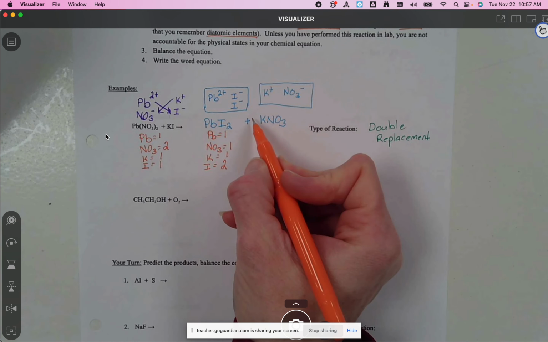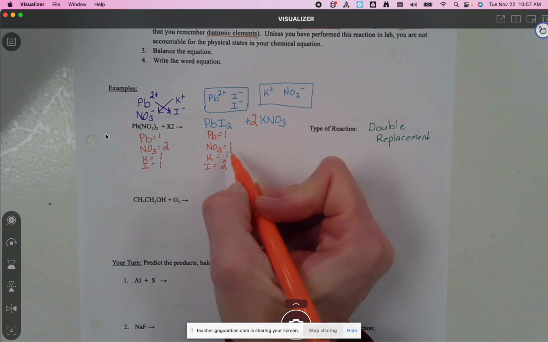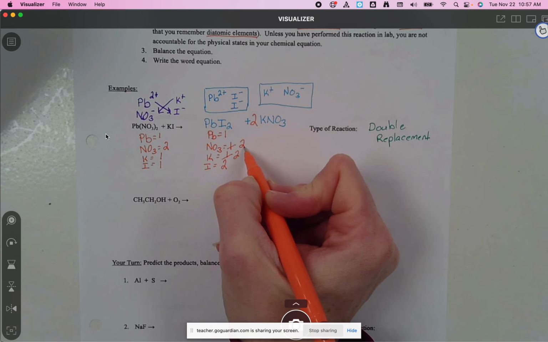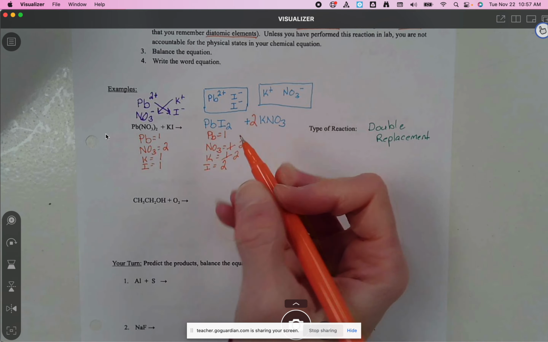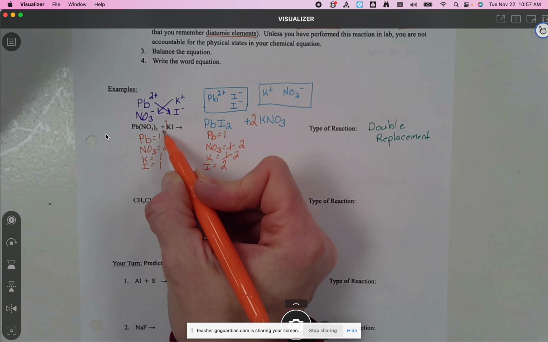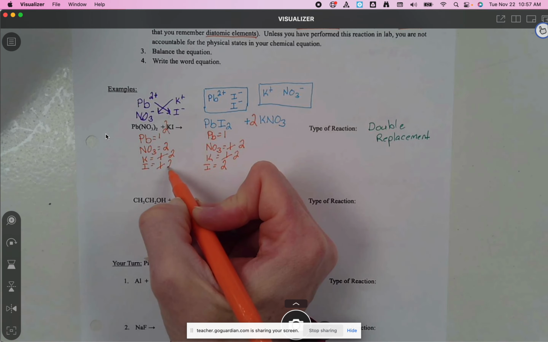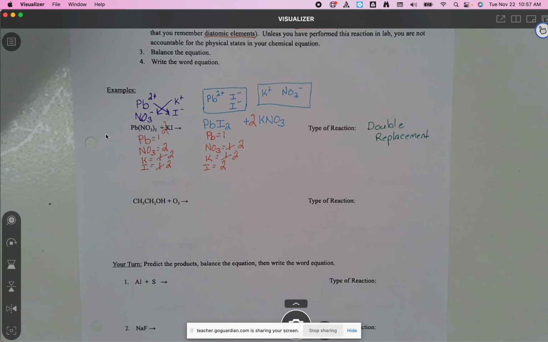So to get my 2 nitrates, I'm going to use 2 of those. And in doing that, I now need 2 potassium, so I'll stick a 2 there. That fixes the potassium and the iodine. So now I have it balanced, and I'm just going to write my word equation here.